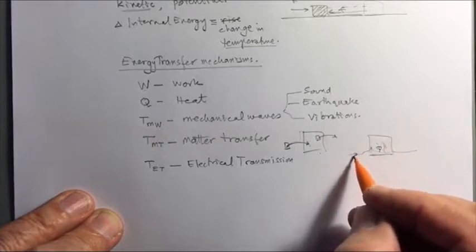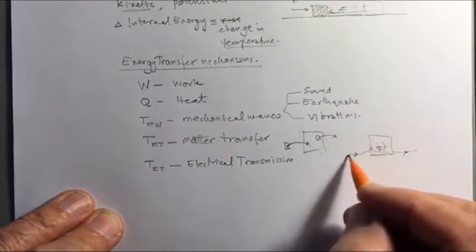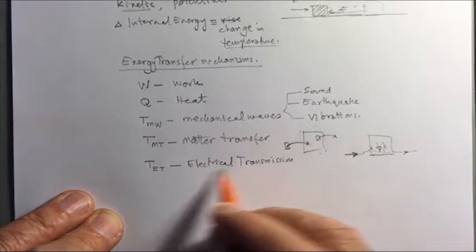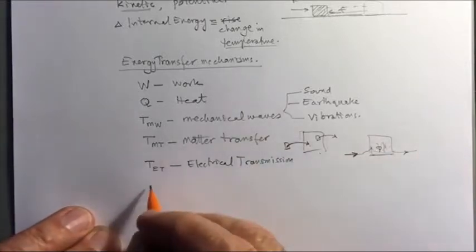So electricity comes in, and some electricity goes out. So that is a form of transmission of energy through electrical energy.